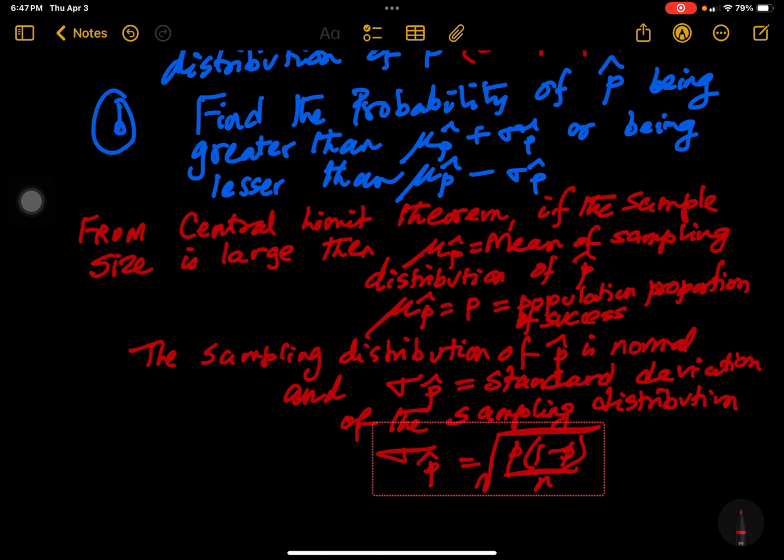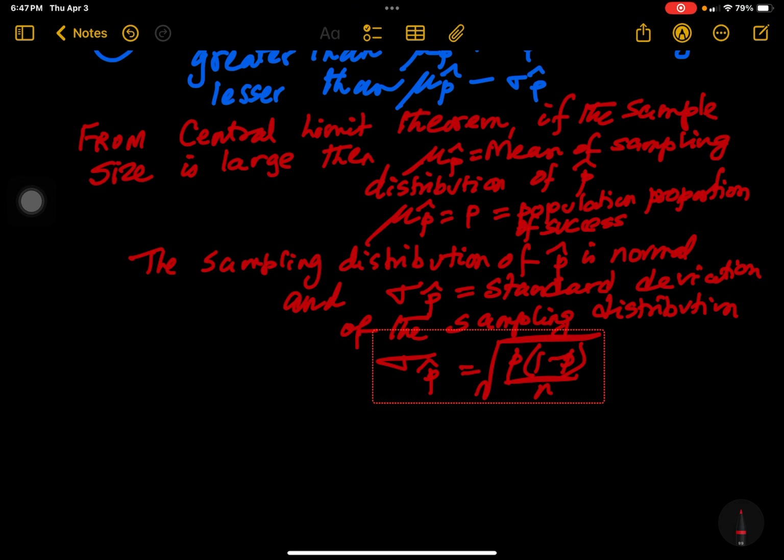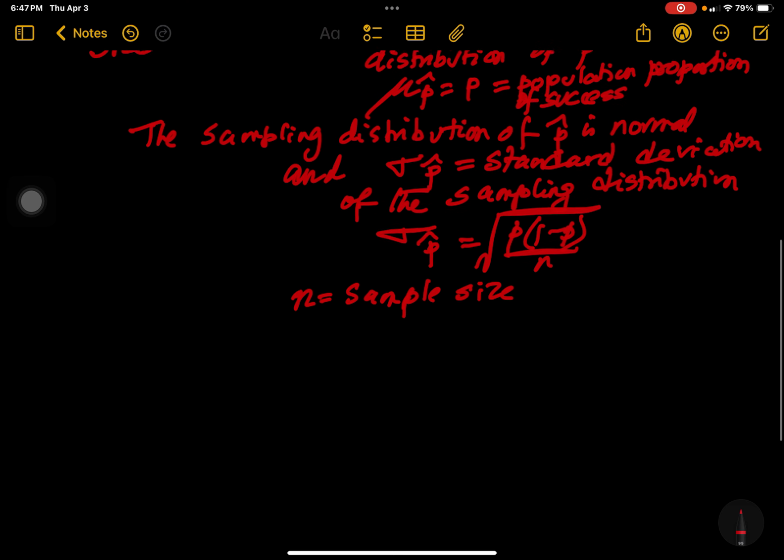I already identified p as the population proportion of success and n is your sample size.